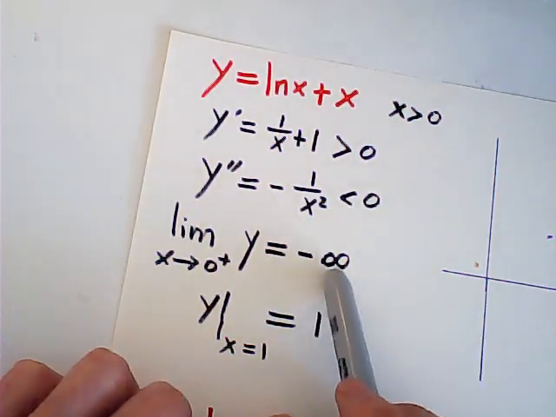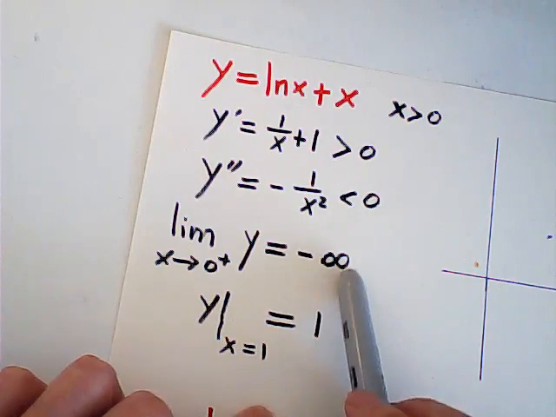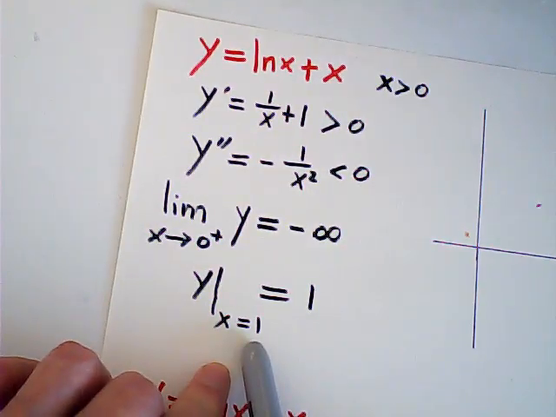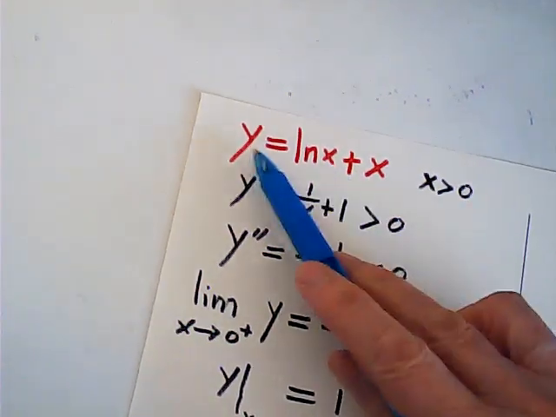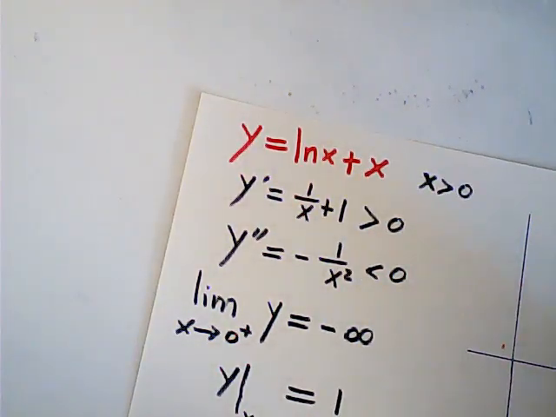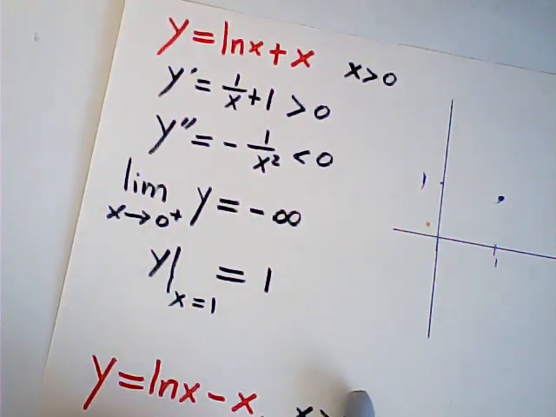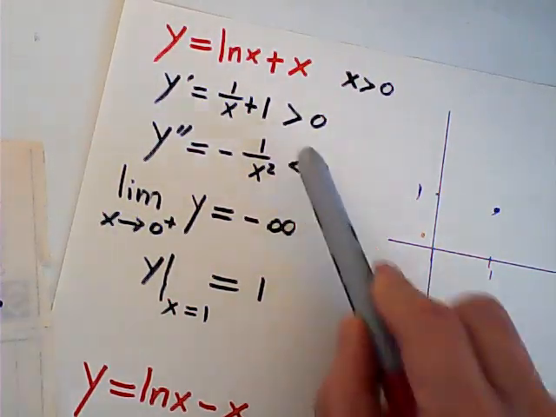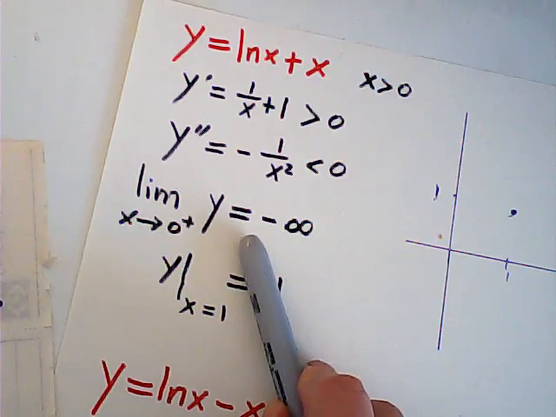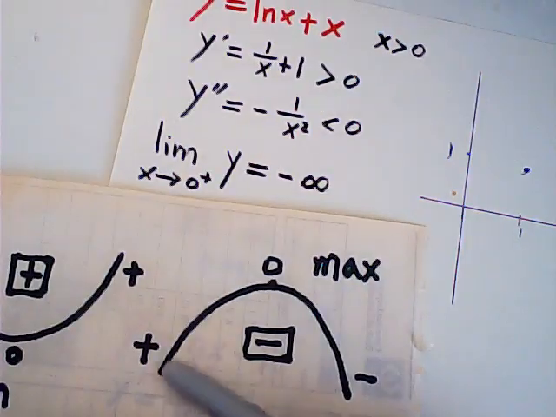So therefore we have an asymptote. When x equals 1, y equals 1. So this is the point the function passes through. Monotonically increasing, asymptote, the curve shape looks like this.